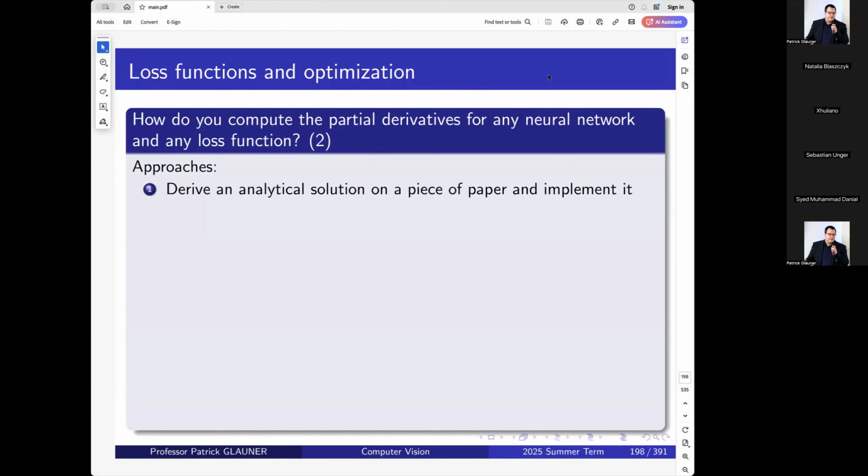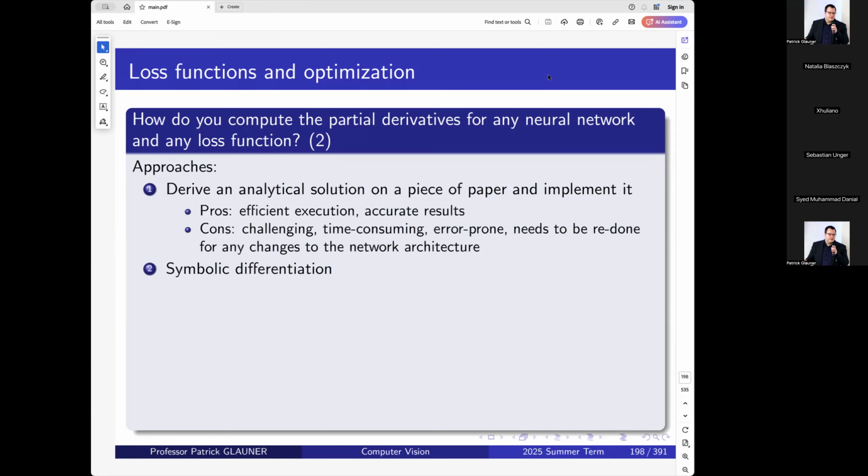And the approach in the 80s and 90s was the following. When you have a new architecture of a neural network, you need to do this on your own on a piece of paper. You need to think about how the backpropagation runs and what these partial derivatives will look like eventually. So you would need to come up with an analytical solution on your own, which is subject to the structure of your neural network, the architecture, the activation functions, the cost function, and so forth.